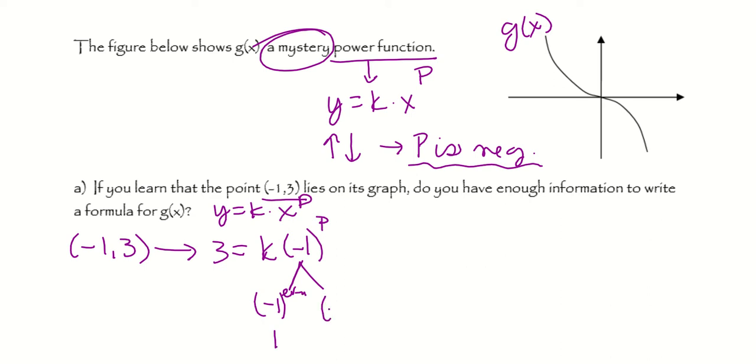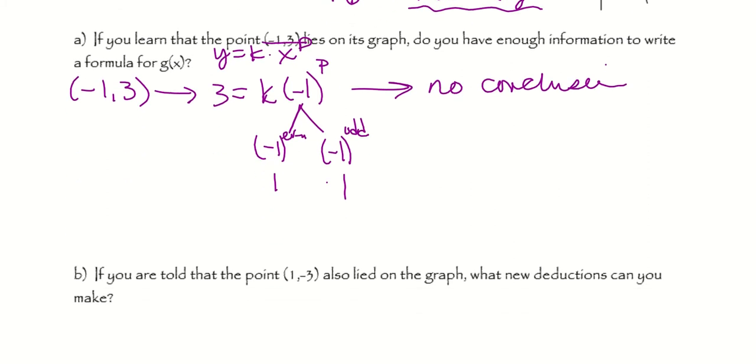But if p is odd, negative 1 to an odd power will equal negative 1. So at this point, because I don't know what k is, I really don't know anything. So at this point, I have no conclusion. I'm going to need another clue. Okay, so let's go on, and we're going to pick up another clue.